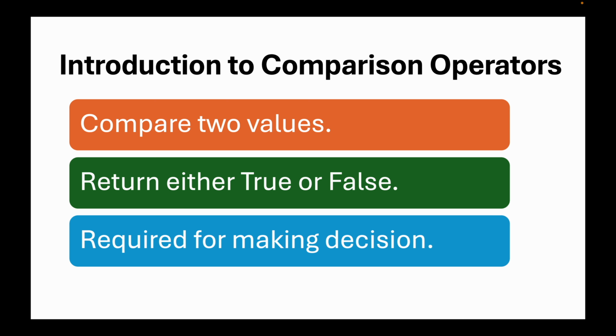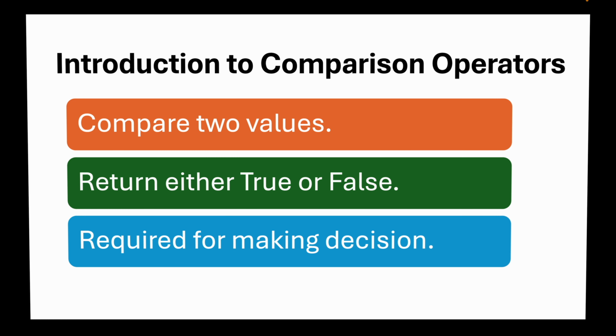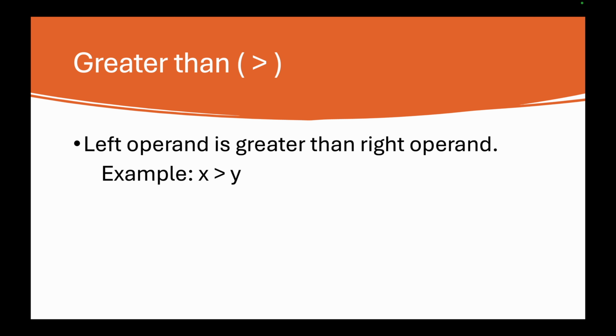Comparison operators in Python are used to compare two values, and they return a Boolean value, either true or false, based on the comparison of the two operands. These operators are very crucial for decision making while programming, such as in conditional statements and loops. The first one is the greater than operator.